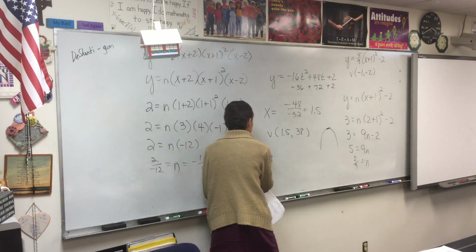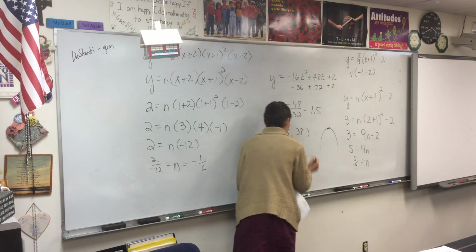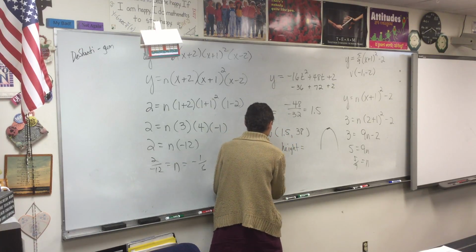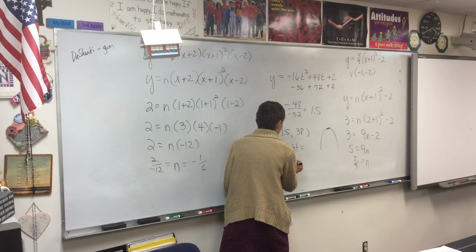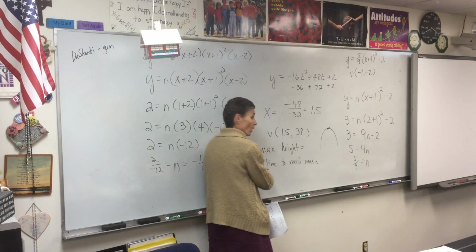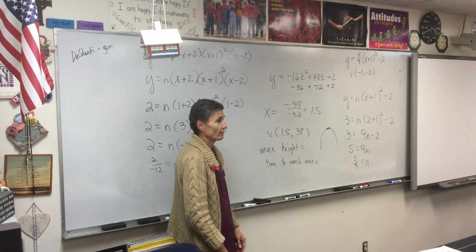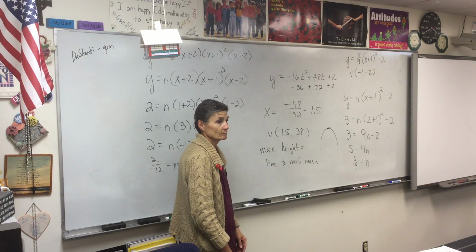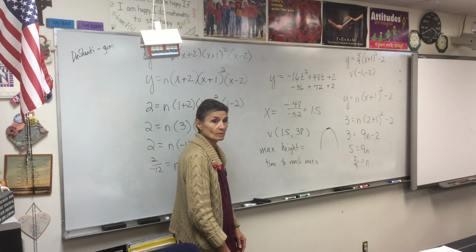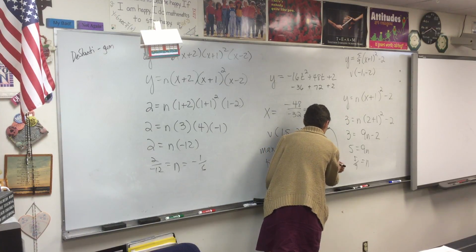Because now it says, what's the max height? And what is the time to reach max? So there are 2 questions and there are 2 numbers. Which one goes where? Time is 1.5, so that's 1.5 seconds.